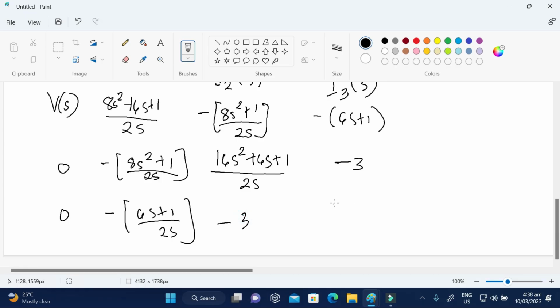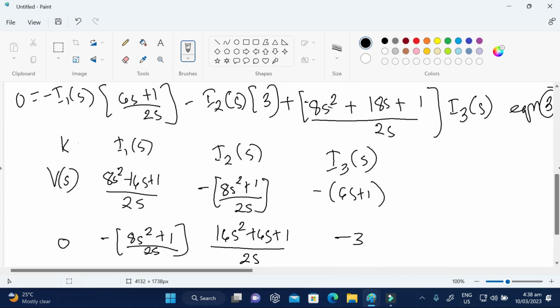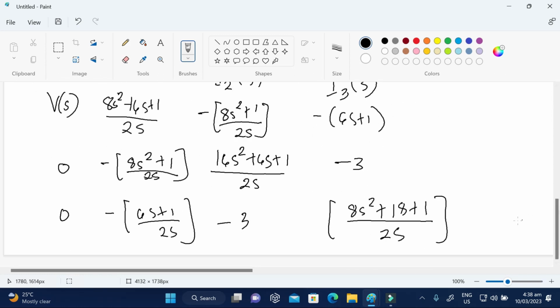Tapos dito ay 8S squared plus 18S plus 1 over 2S. Tama ba? Okay. So, ito na ngayon yung ating gagamitin sa matrix.